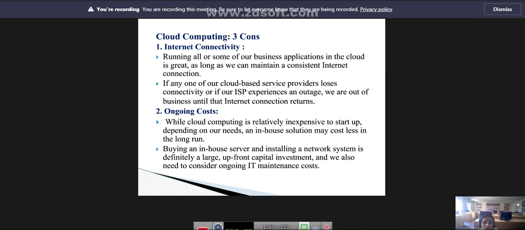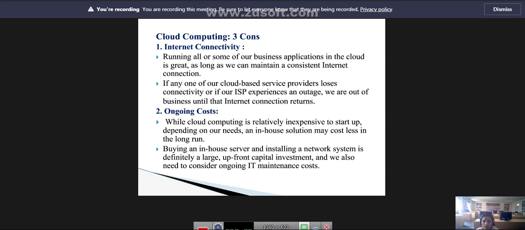If any one of our cloud-based service providers loses connectivity, or if our ISP experiences an outage, we are out of business until that internet connection returns. Even the best servers go down occasionally. So if we decide to use this method, it is important to implement a backup plan. So this is called internet connectivity.